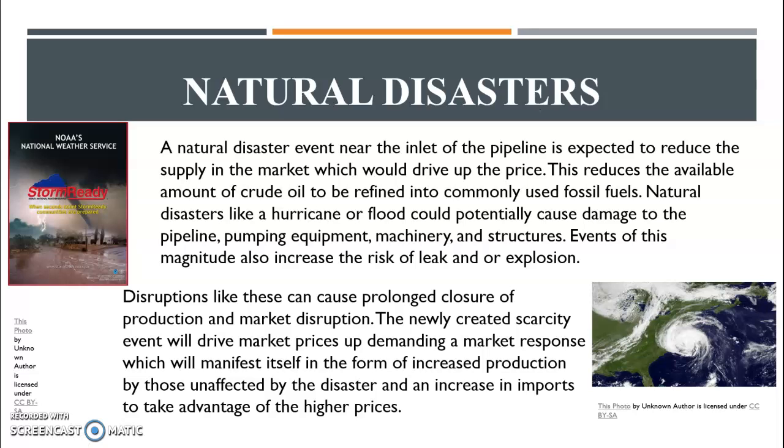Events of this magnitude also increase the risk of leaks and/or explosions. Disruptions like this could cause prolonged closure of production and market disruption. The newly created scarcity will drive market prices up, demanding a market response, which will manifest itself in the form of increased production by those unaffected by the disaster and an increase in imports to take advantage of higher prices.